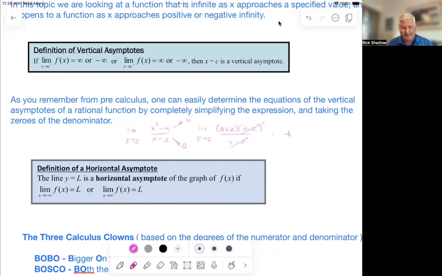The zeros of the denominator end up being the vertical asymptotes, x equals those values. And the zeros of the numerator end up being the x-intercepts. So this was actually giving me the x-intercept at -2 of this function. But the limit would be approaching 4 as x gets to 2.